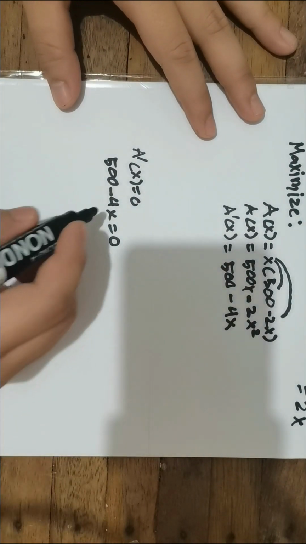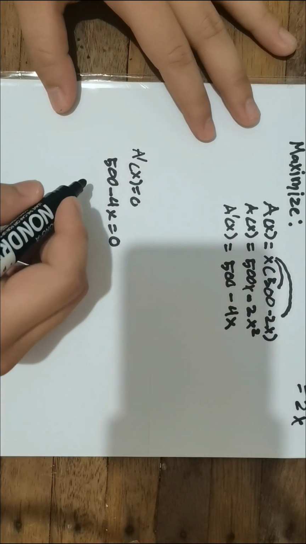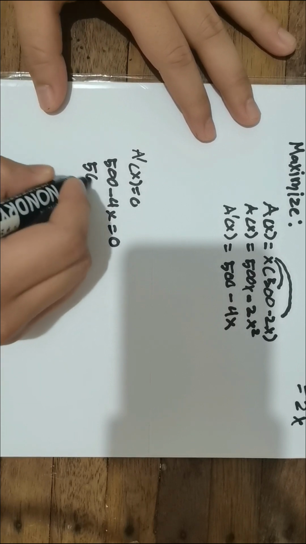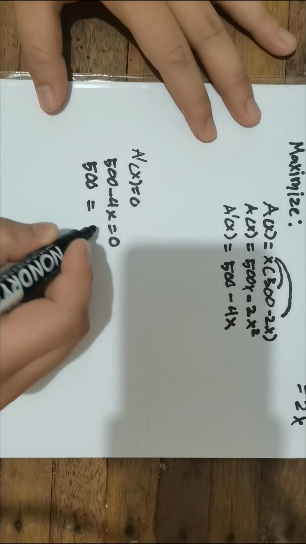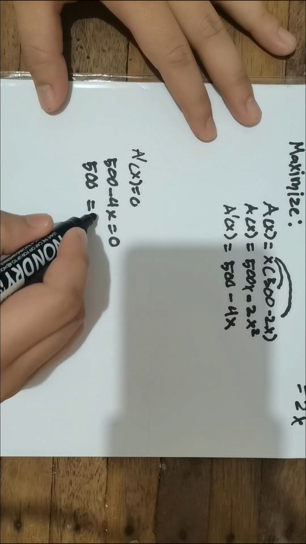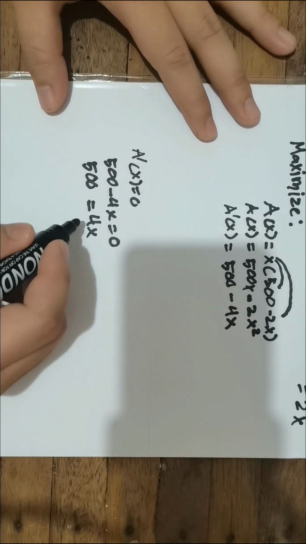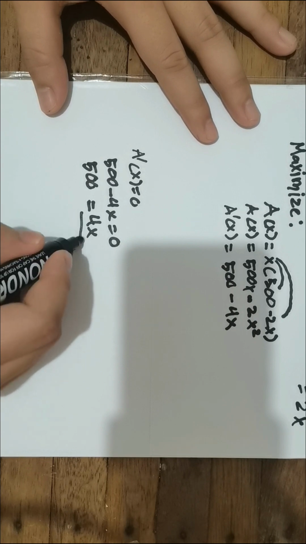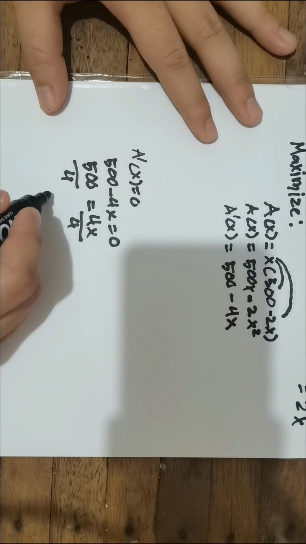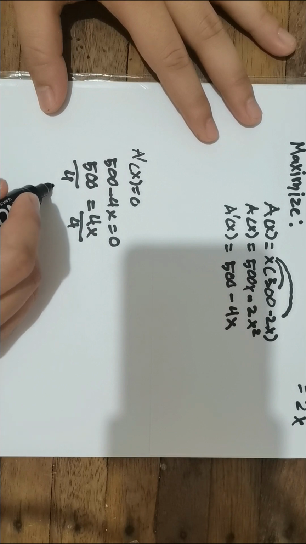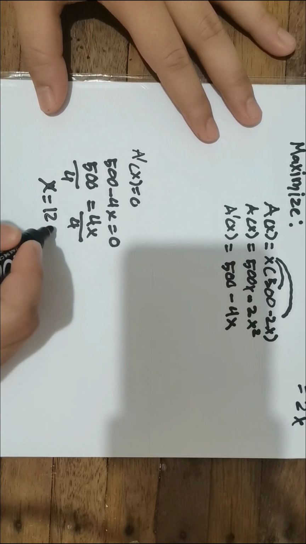Then after that, distribute it. 500 equals 4x. Now we divide both sides by 4, and it will give us x equals 125.